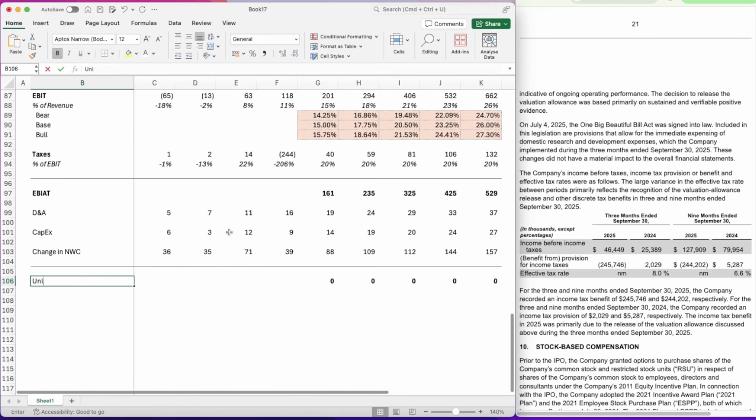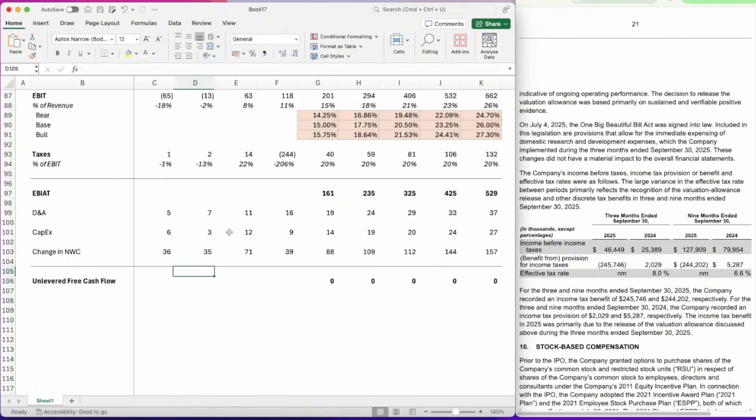Change this to unlevered free cash flow. And the way we calculate the unlevered free cash flow is you go equals, you take your EBIAT, you add back in depreciation and amortization, you subtract your capex, and you subtract the change in net working capital. And there we have it.